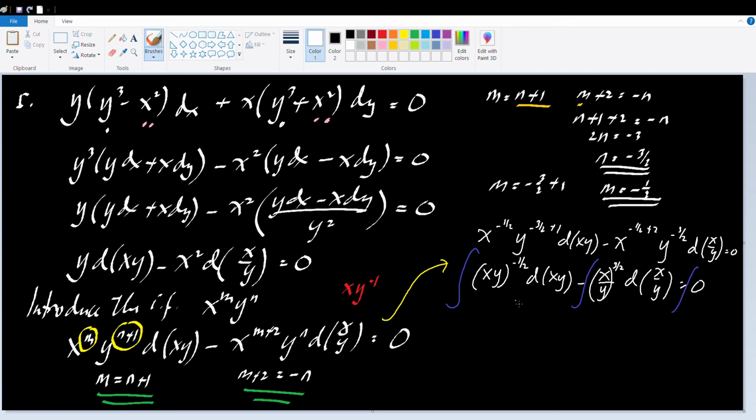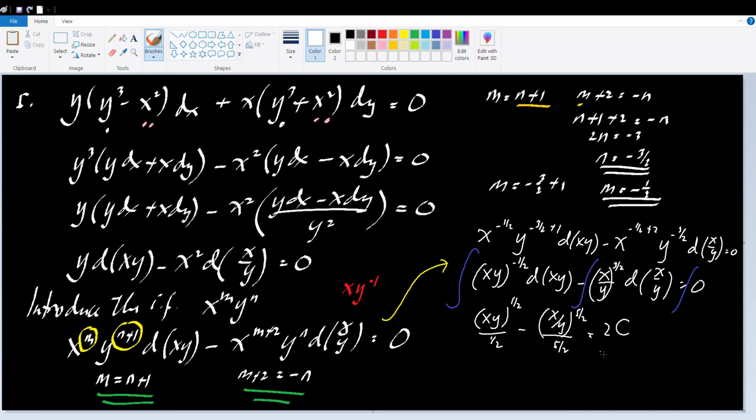So applying the power formula, that will be xy raised to negative 1/2 plus 1, or positive 1/2, over 1/2, minus x over y to the 3 halves differential of x over y, power formula, still power formula, that will be x over y to the 5 halves over 5 halves equal to c.